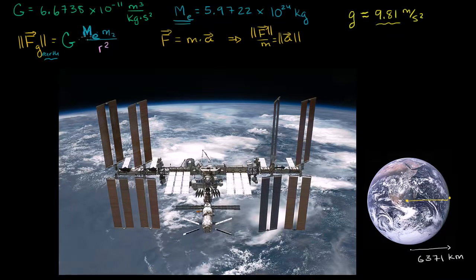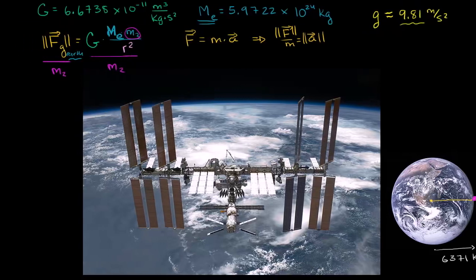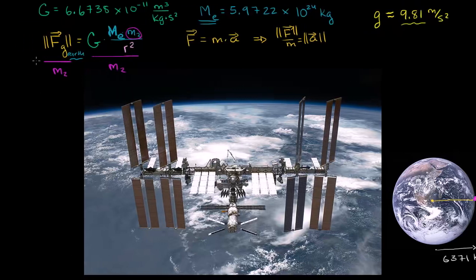And so if you wanted the acceleration due to gravity at the surface of the Earth, you would just have to divide by the mass that is being accelerated due to that force. And in this case, it is the other mass. It is the mass that's sitting on the surface. So let's divide both sides by that mass. And this will give us the magnitude of the acceleration on that mass due to gravity.